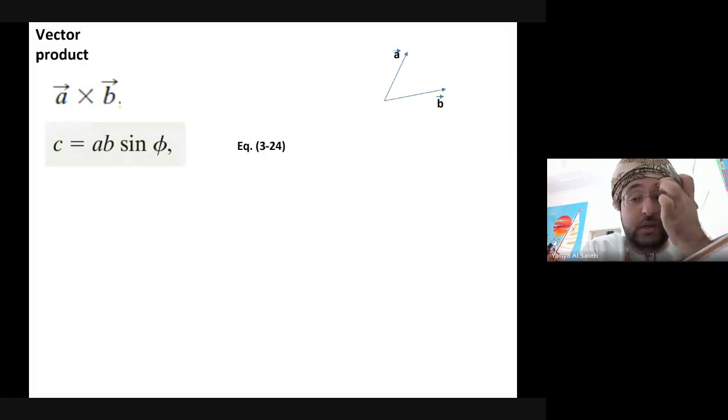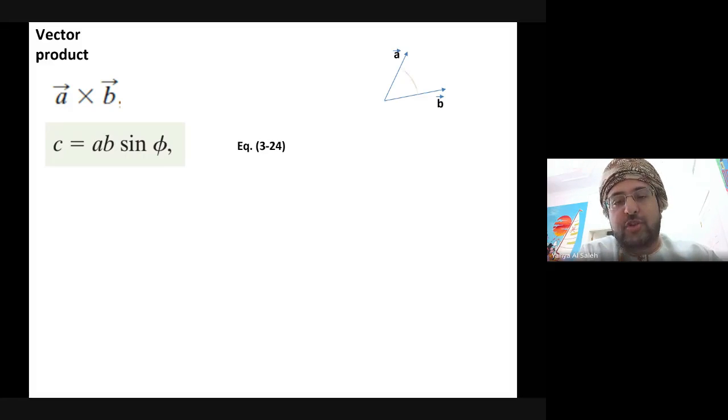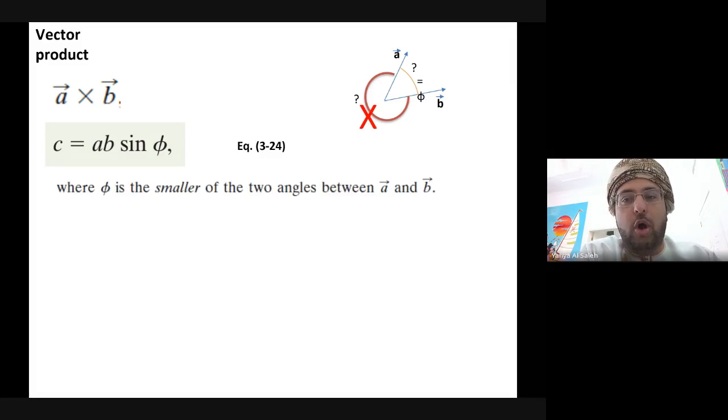The dot product was AB cosine theta. The vector product is AB sine theta. Which theta do we take? We take the smaller angle between A and B. Whenever we have two vectors, we look at the smaller angle between them and put it in that equation.